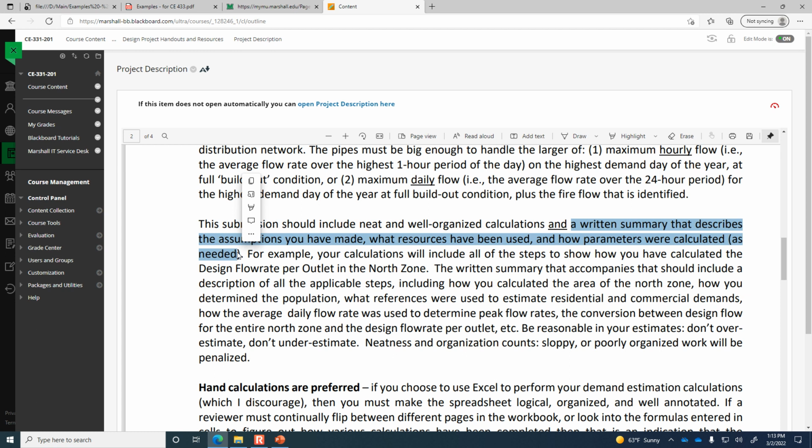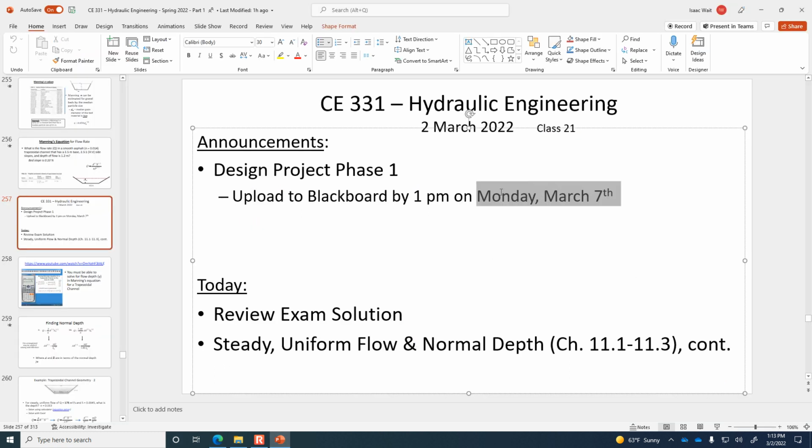And tell me about what research did you do to find out the rainfall in your city, or some other method you use to determine how much water has to be irrigated at the golf course. So that written summary is the third thing, in addition to the summary of the calculations and then the calculations themselves. So that's due on Monday, which gives you the weekend to spend some additional time.